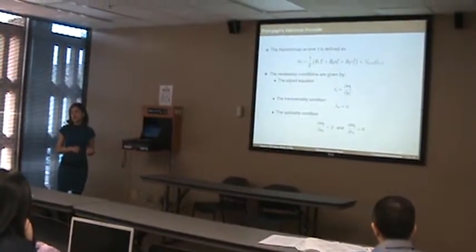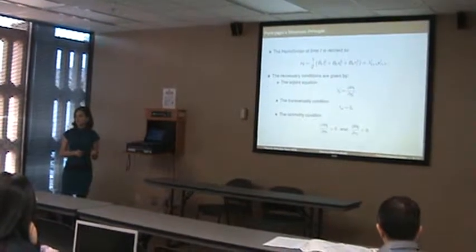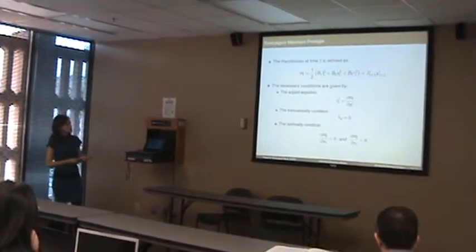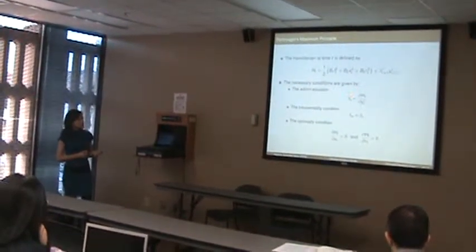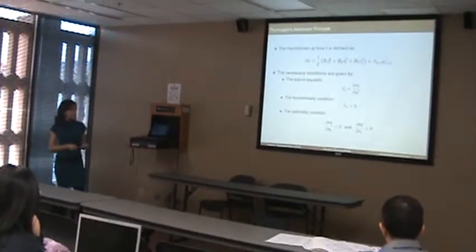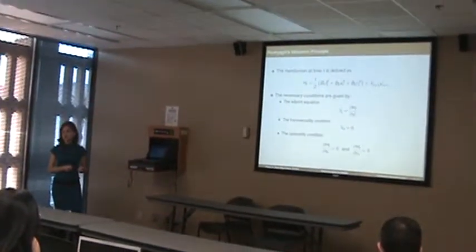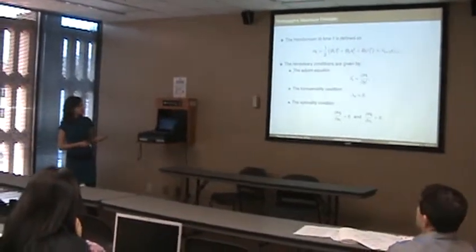Usually we work with, for example, 1 infected and all the population susceptible. For the adjoint equation, we solve backward in time because we have a condition at the end. For this reason, it's called the forward-backward algorithm. So this is the first approach.